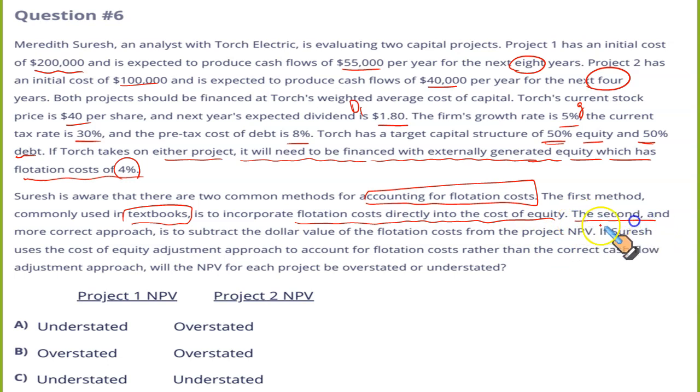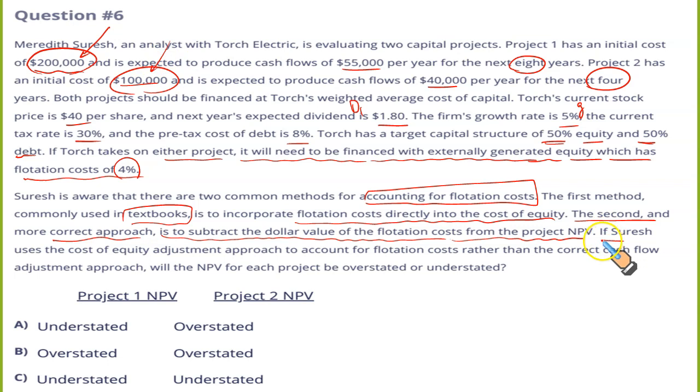The second approach, which you haven't studied in your CMA, is more accurate. The second and more correct approach is to subtract the dollar value of the flotation cost from the project's NPV. In fact, you consider it as your initial outflow, just like this 100,000 in case of the second project, 200,000 in case of the first project. The flotation cost is embedded or included in this initial outflow. That's the difference.